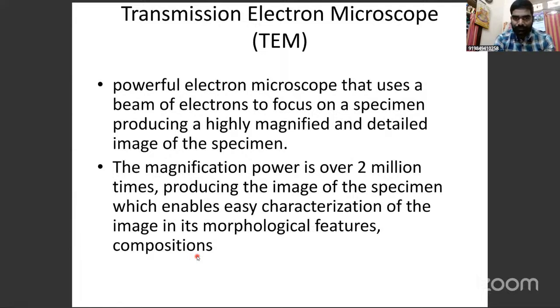So the magnification power of this transmission electron microscope is over 2 million times of the specimen. So it will give 2 million times more magnification than the original, producing the image of the specimen, which enables easy characterization.